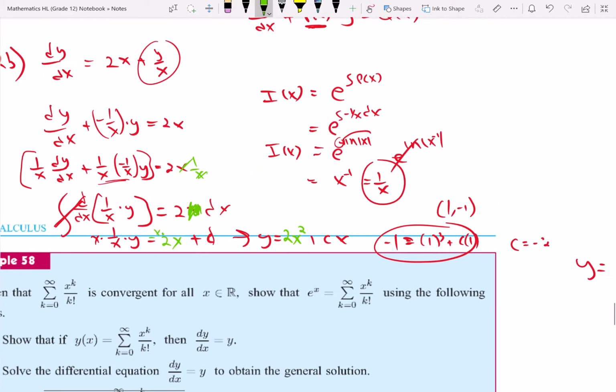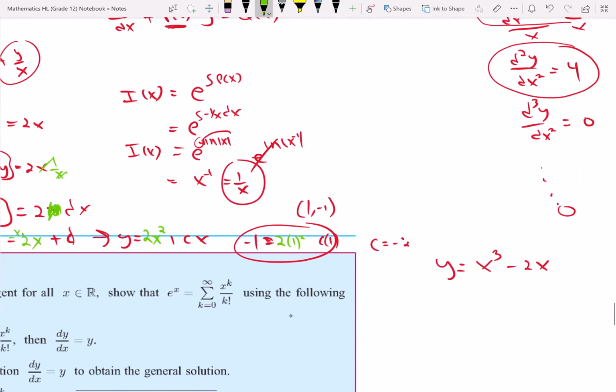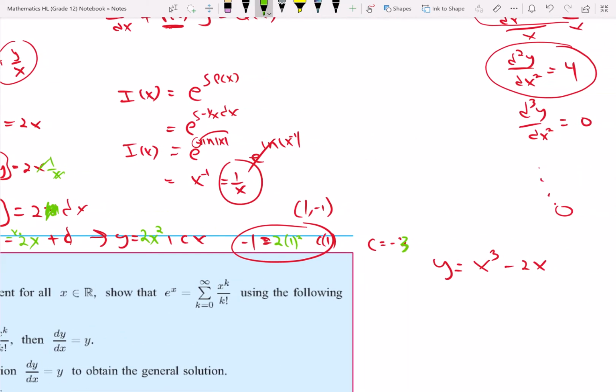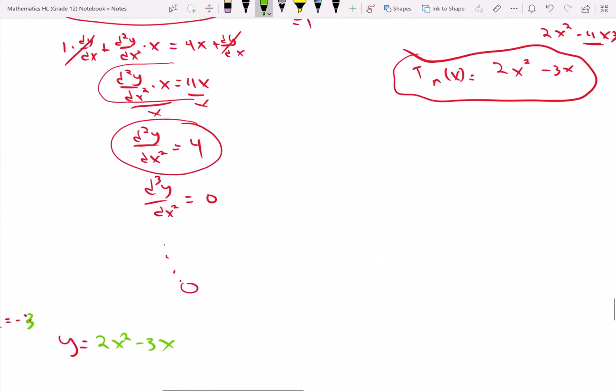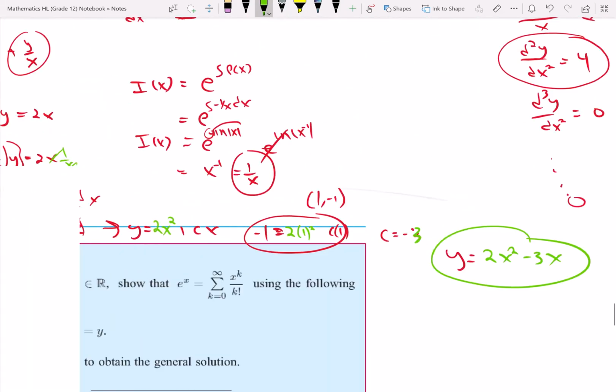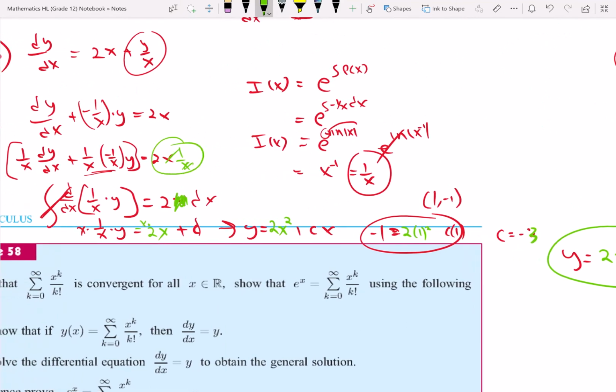And when I solve this, it's just 2 times 1 squared, and that gives me negative 3. And so then this would be y equals 2x squared minus 3x, which I hope is the same now. Yes, okay. So it was just a silly mistake of not multiplying by x way back here.